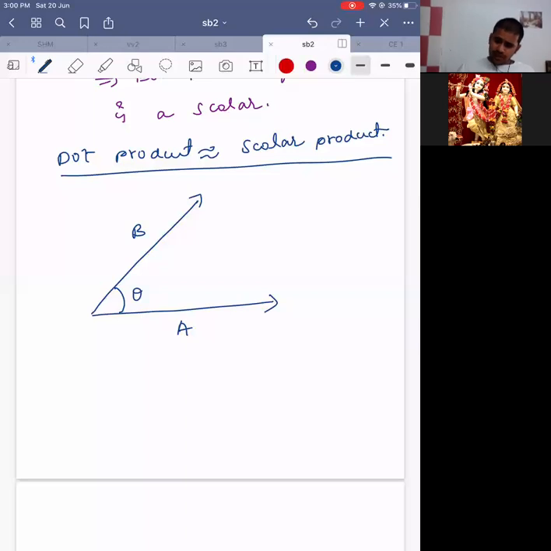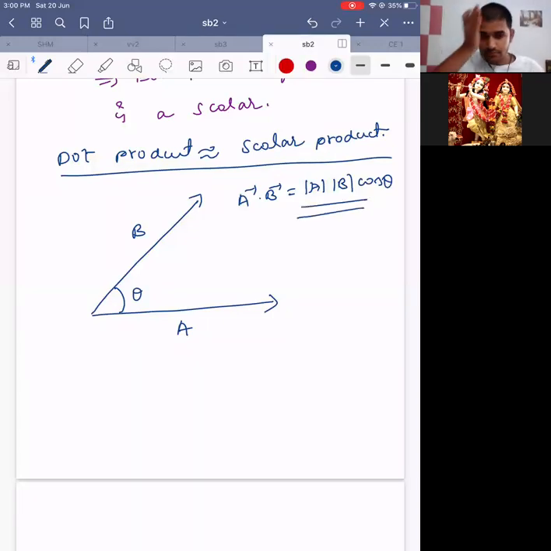Now, we have seen a bar dot b bar is equal to mod a mod b cos theta. Then what will be the b cos theta? B cos theta is the projection of b on a.